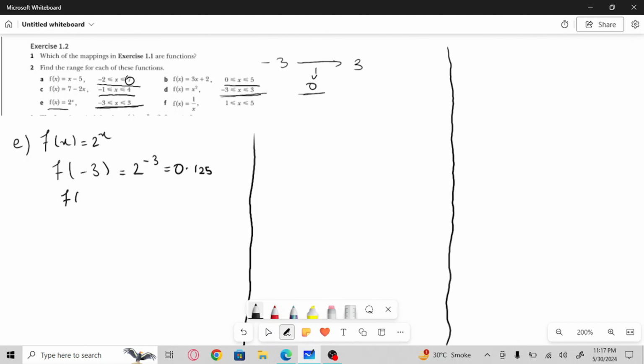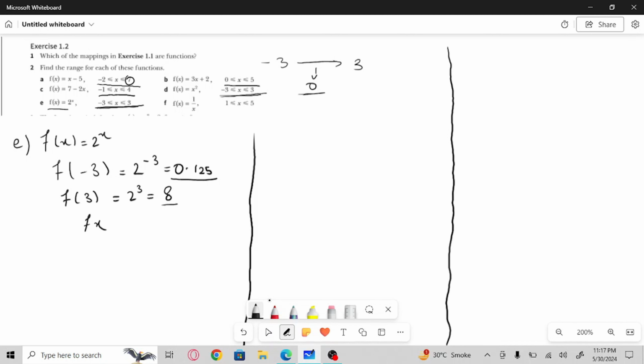Then if we input the value of 3, it will become 2 to the power 3, which is equal to 8. Again, the lowest value is 0.125 and the highest value is equal to 8.